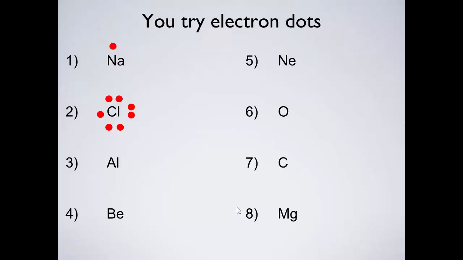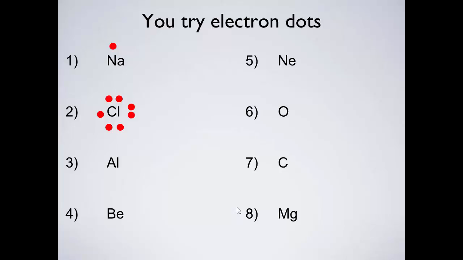Full. And then it's stable and happy if it was able to get rid of this or share it. Its previous energy orbital would be full and it'd be happy. How about chlorine? If sodium gives that or shares it with chlorine, chlorine's going to be full. It's going to be happy.